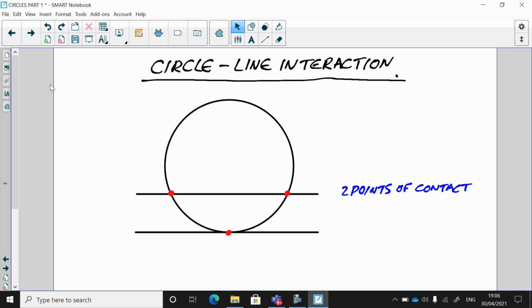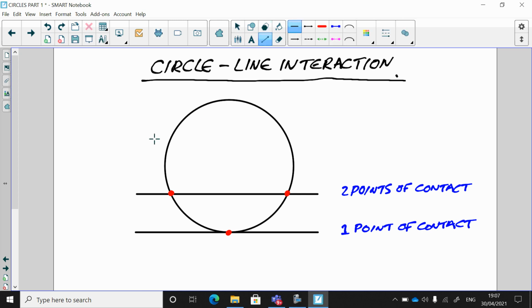Next situation. 1 point of contact. That means the line is actually tangential. And just like I showed you in the last situation, it could be like that there. Could be like that there.